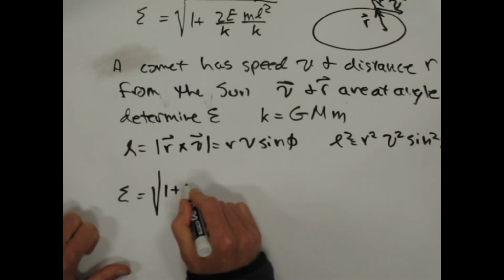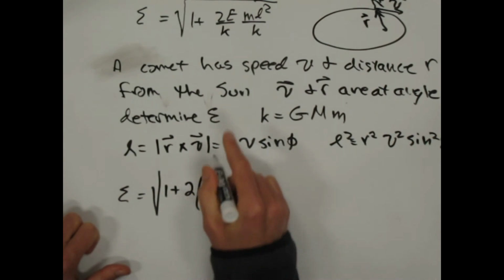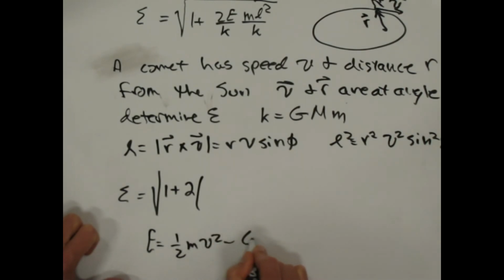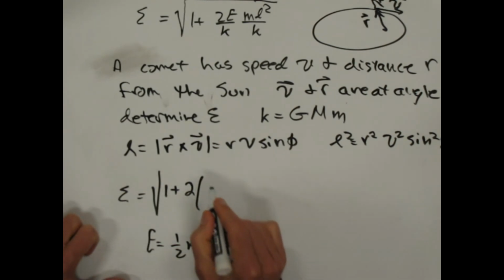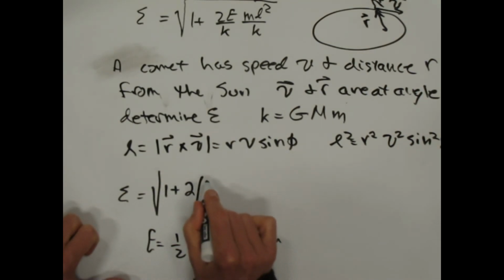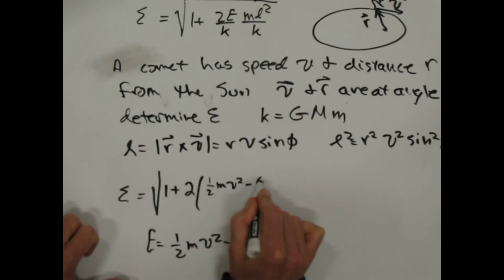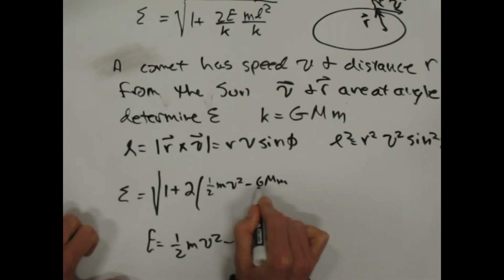I'm going to substitute in for E here. So I'm going to say E is equal to 1/2 m v squared minus GMm over r. Right, so this is all written again in terms of my v and my r. And so instead of having 2E, I'm going to have 2 times 1/2 m v squared minus GMm over r.